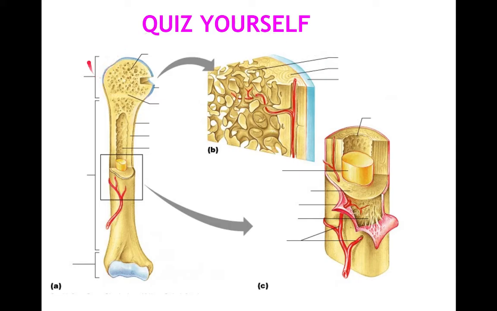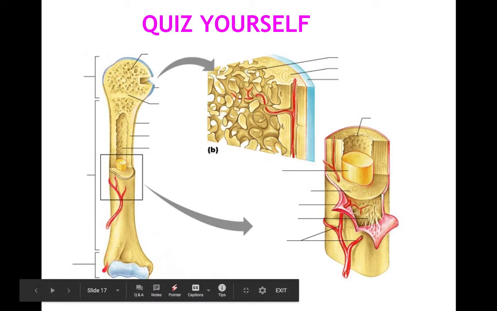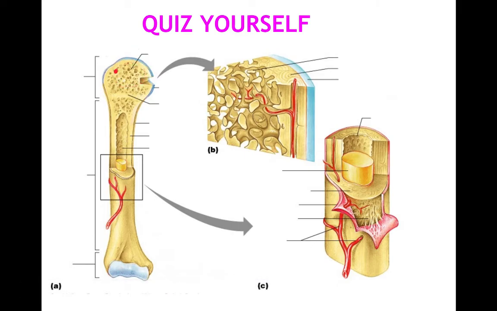All right, so let's start with, you've got the proximal epiphysis and the distal epiphysis down here. And here, the proximal epiphysis is made of spongy bone, and it's covered in articular cartilage right here.